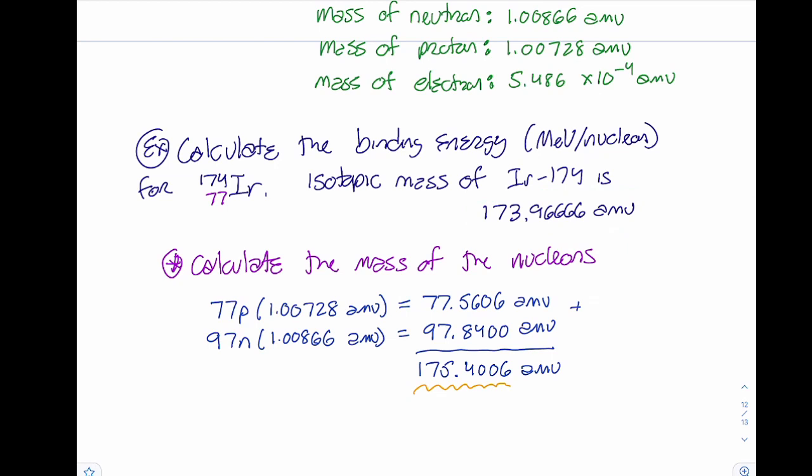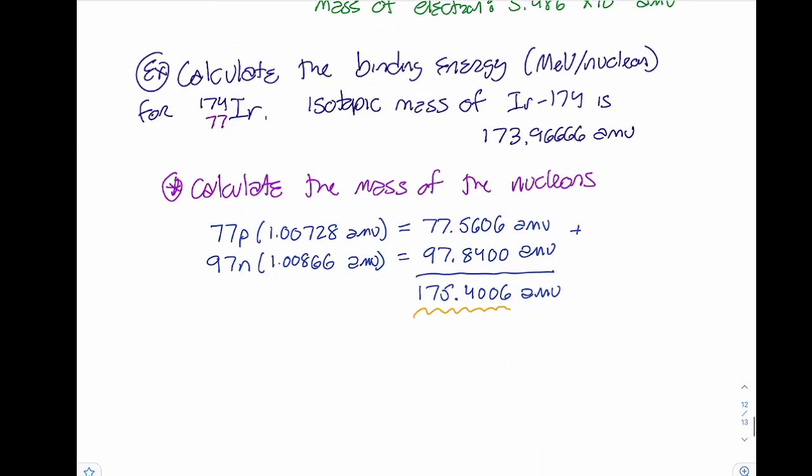So that's going to be our next step: we're going to actually calculate the mass of our nucleus. This is the mass of my atom; I need the mass of the nucleus. So next step, calculate the mass of the nucleus.